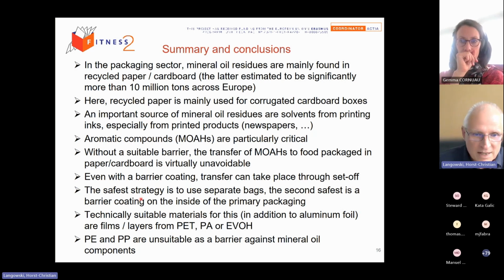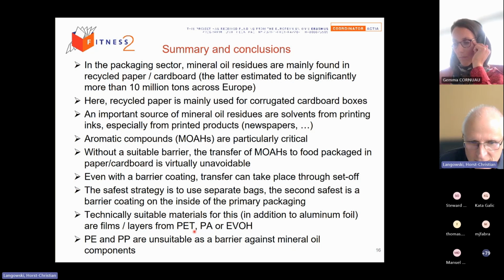And therefore, the best strategy, but also the most ineffective strategy is to use separate bags because they give their own barriers and make the problems very small. The barrier coating on the inside of the primary package is less safe, but it can be used as well. And if you use polymers as barrier materials, you must look very closely to the type of the polymer.